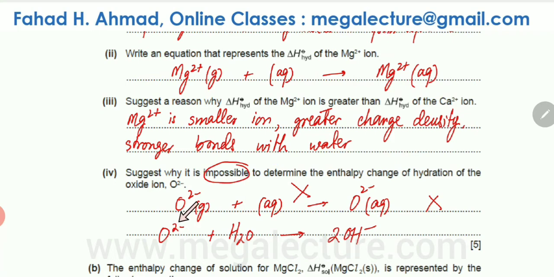You must remember that all those oxides, magnesium oxide, sodium oxide, calcium oxide, change into hydroxides when you add water to them. Instead of simply dissolving in water, they react with water. So dissolving oxide ions and changing them into aqueous ions is impossible in a solution.